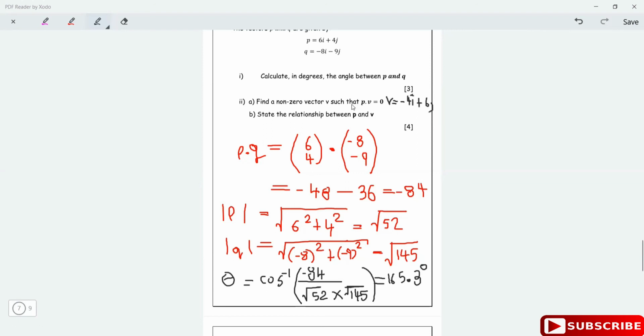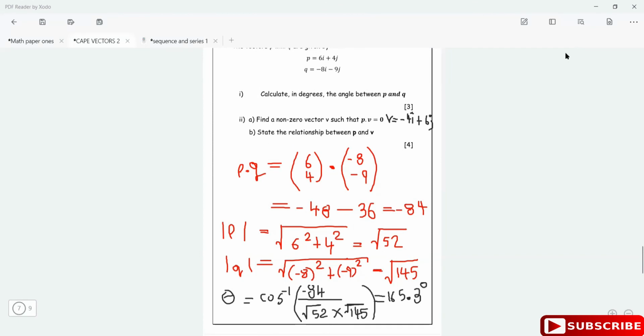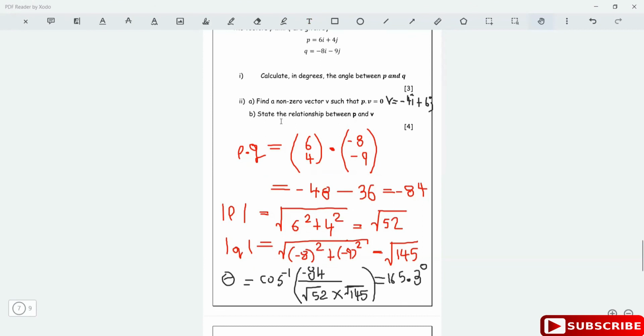It says now state the relationship between P and V. If the dot product of these two vectors is 0, then they are perpendicular. So we can just state that P and V are perpendicular vectors, or orthogonal. That's the new word we're using. P and V are orthogonal.